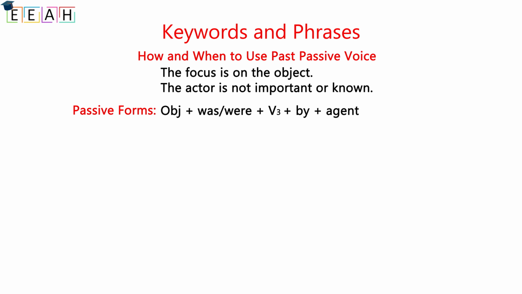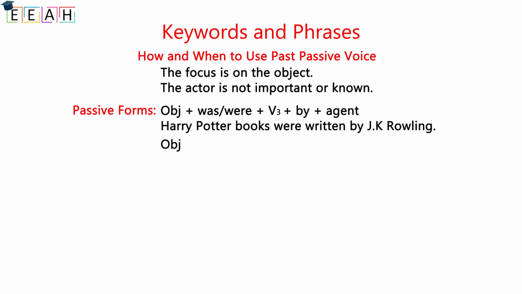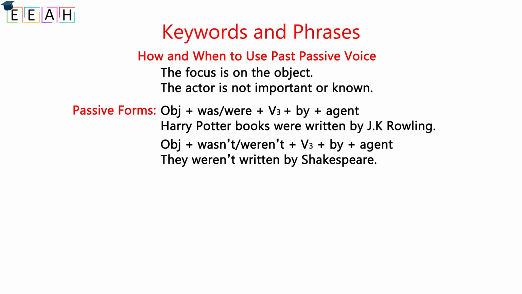If you want to mention the person who did it, then you have by plus agent. For example, Harry Potter books were written by J.K. Rowling. If you want to negate the sentence, then you need to say wasn't or weren't. For example, they weren't written by Shakespeare.